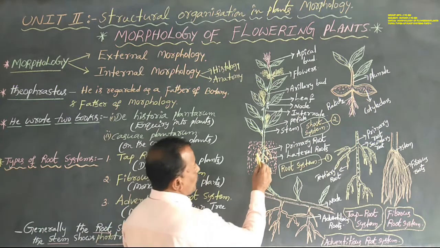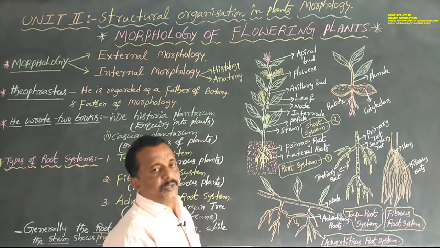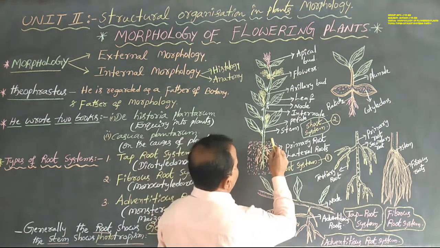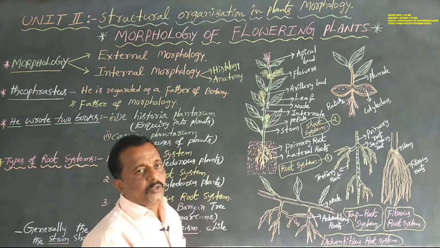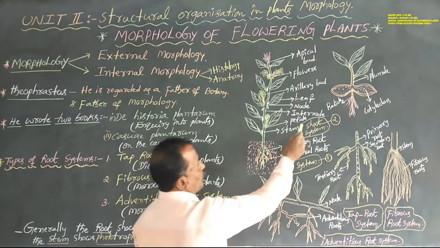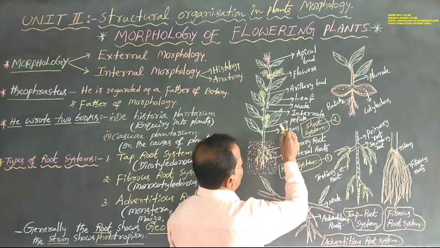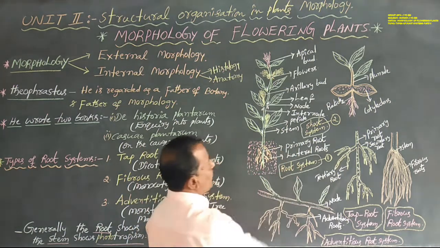The root system is always the underground part of the plant body, and the remaining portion is always above the ground. That is called the shoot system. The shoot system grows aerially, and the root system grows underground.